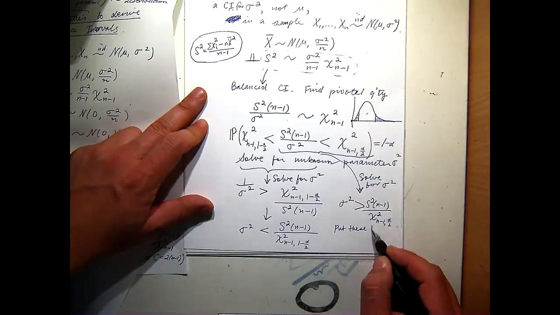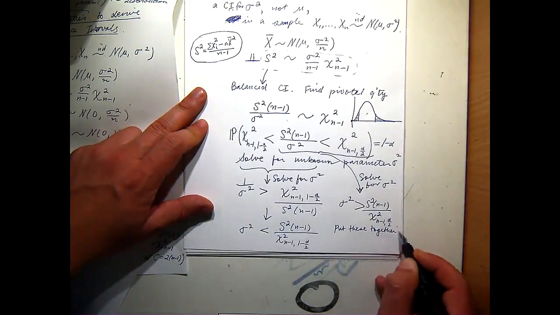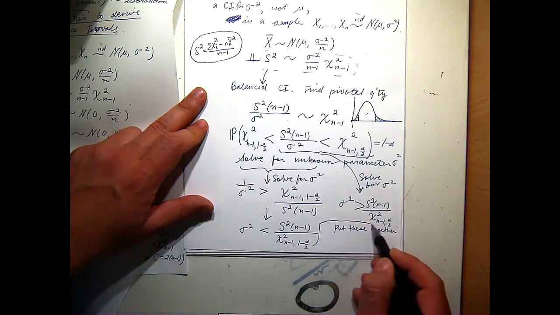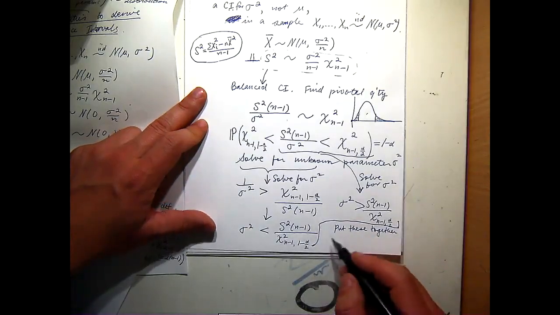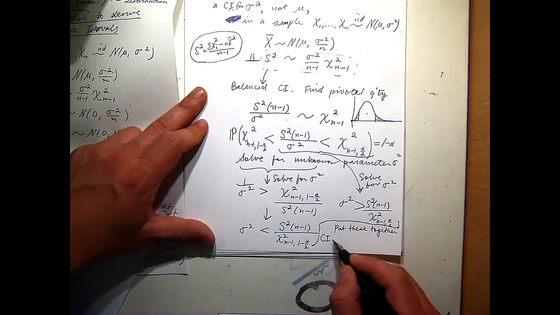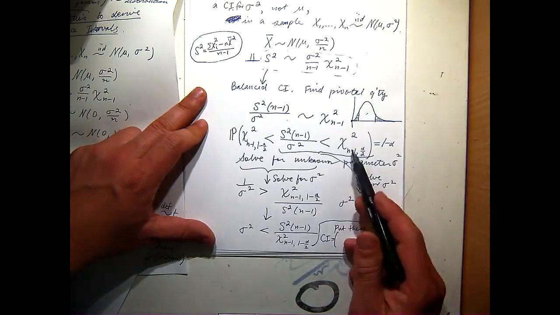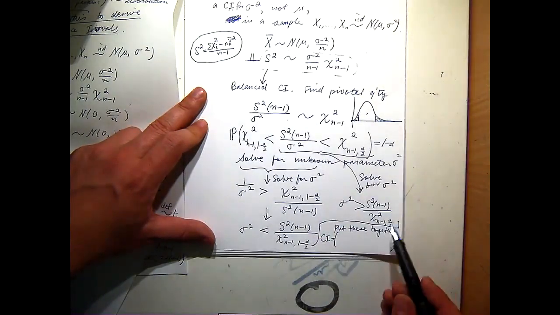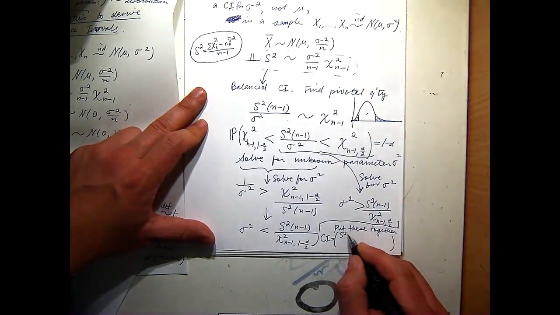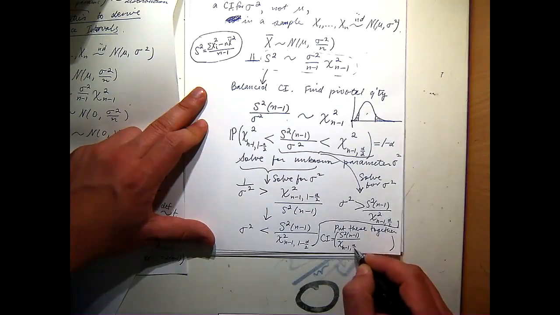You put these together because both of those inequalities have to be true at the same time. And the confidence interval, the left endpoint of it, is the one that came from the right-hand inequality. The left endpoint is s squared (n minus 1) divided by the right-hand quantile, chi squared n minus 1, alpha over 2.